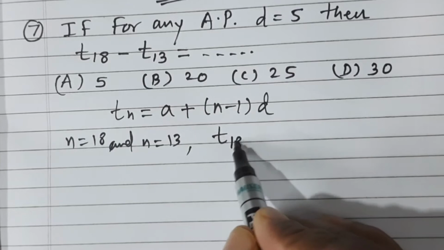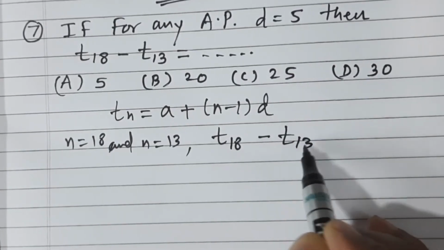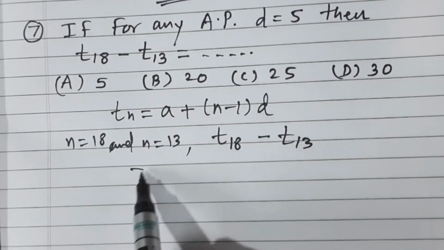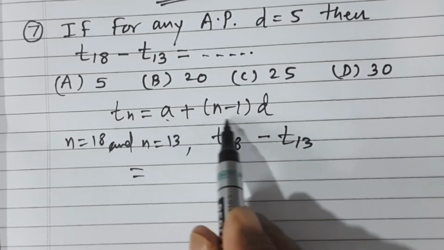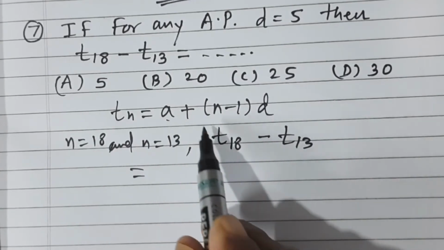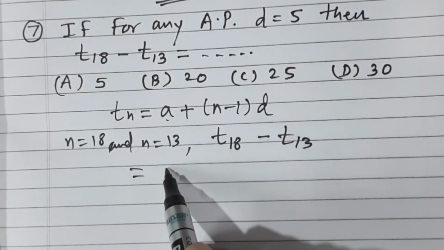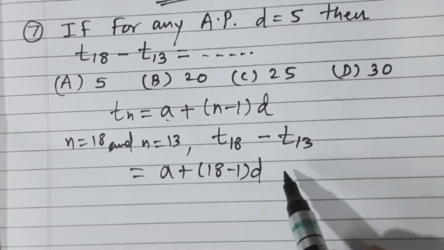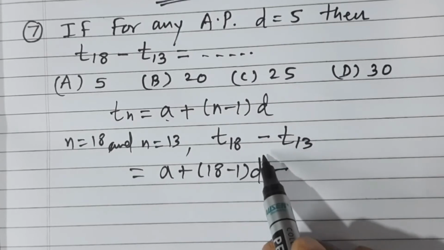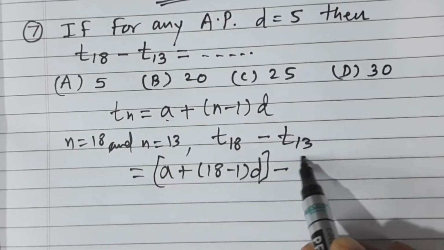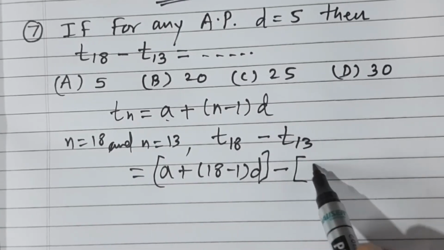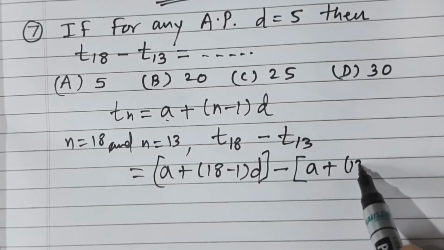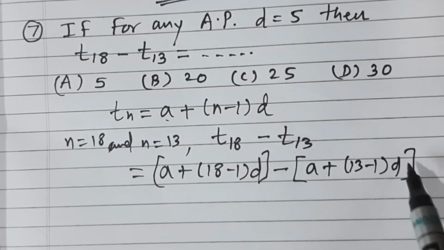That is, T18 minus T30 will be equal to, for n is equal to 18, A plus (18 minus 1) into D, minus, in the second bracket, A plus (30 minus 1) into D.